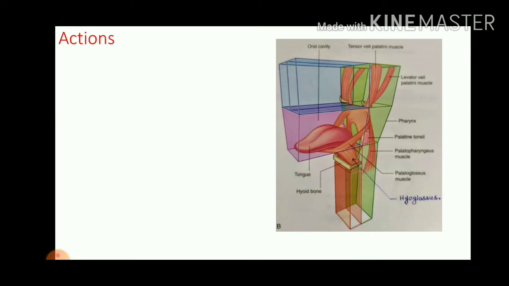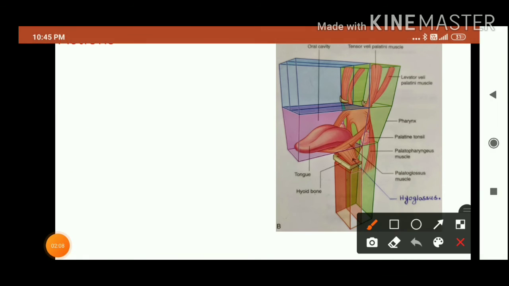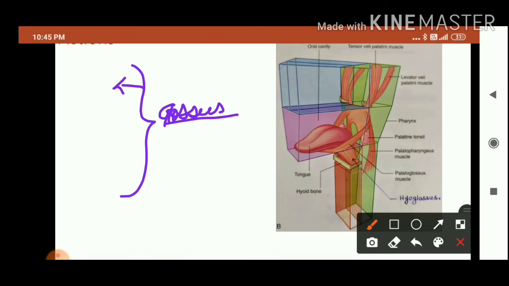Now let us come to the action of each muscle. It is very important. So first we write the word glossus. And what are the four muscles? Glossus to soft palate, it is palatoglossus. Tongue to hyoid bone, it is the hyoglossus.